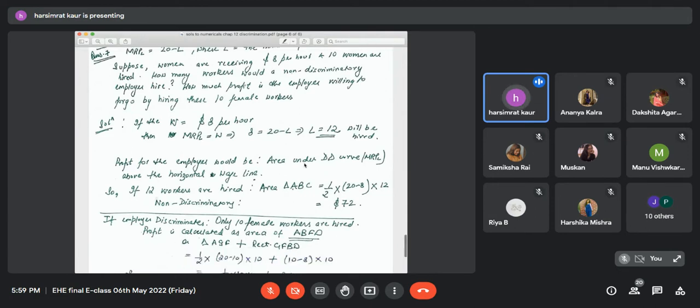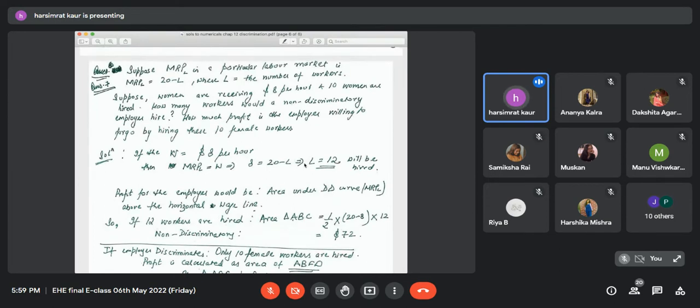So guys, now first of all, what values are we given? If the wages are $8 per hour, then for a profit-maximizing employer, MRPL must be equal to wage. So 8 equal to 20 minus L, meaning that 12 workers must be hired.